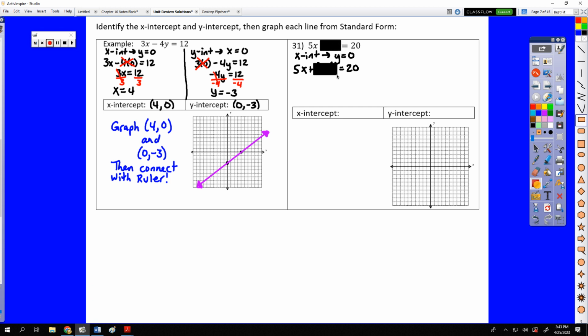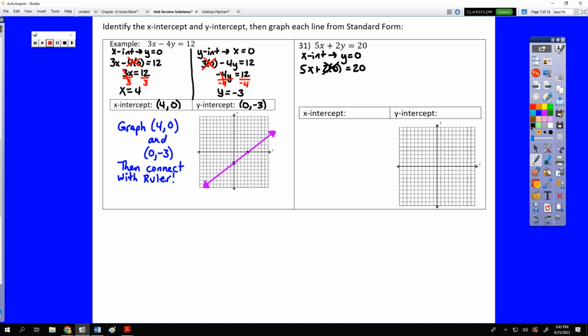It leaves us with 5x is equal to 20. At that point, we would then divide each side by 5, and that would give us that x is equal to 4. Now, if x is equal to 4 and y is equal to 0, that is the point (4, 0).